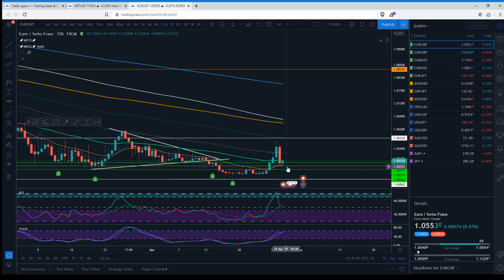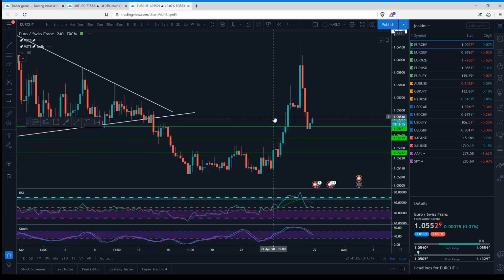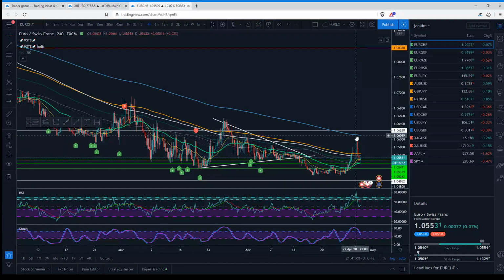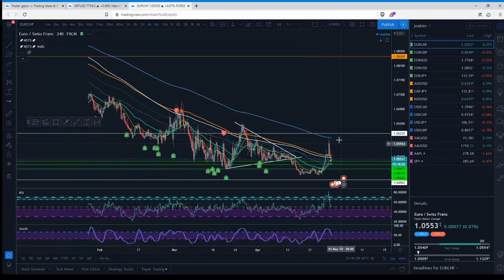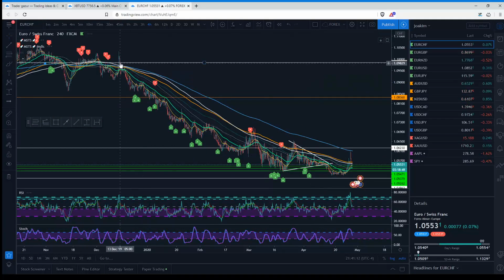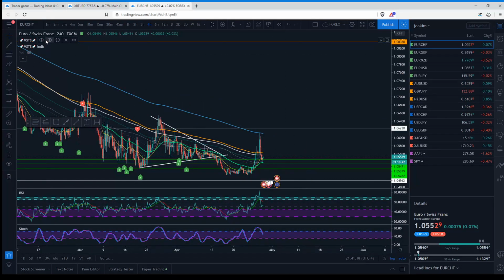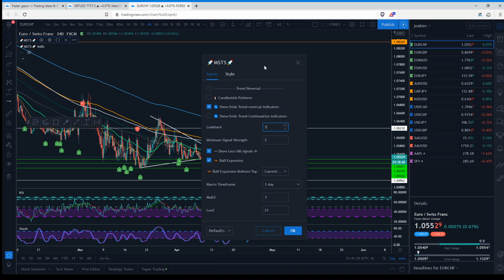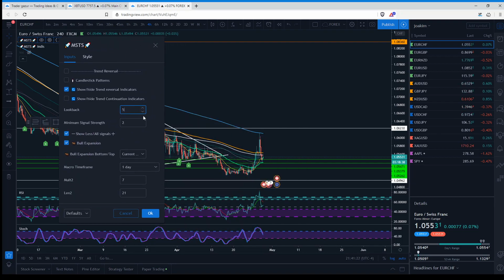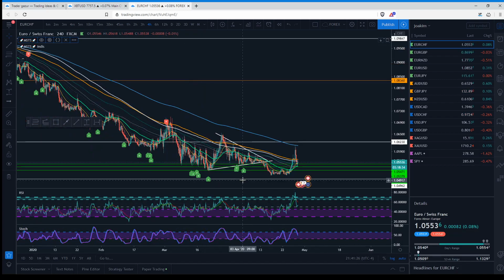We tested right here, not bullish, but it's the first time since December. Okay, let's see how this can work. Maybe a 5, yes.